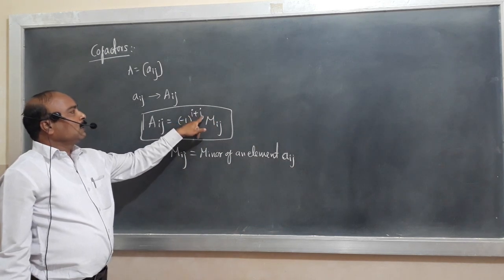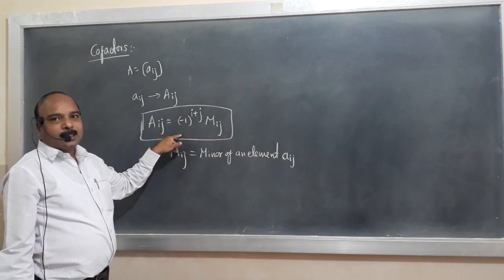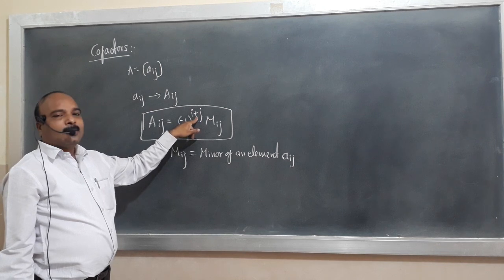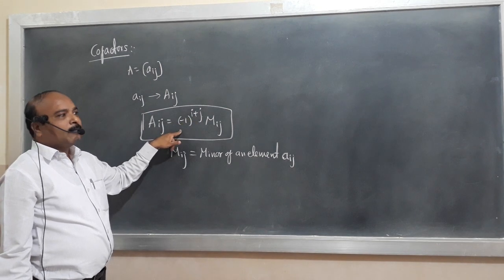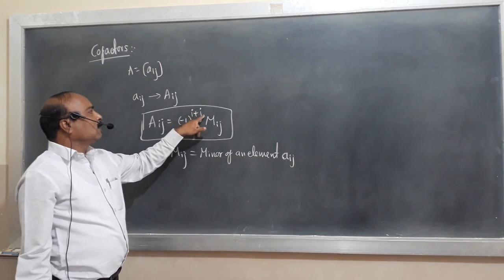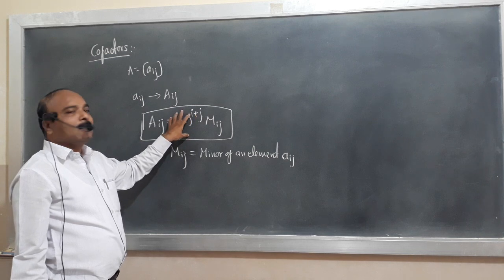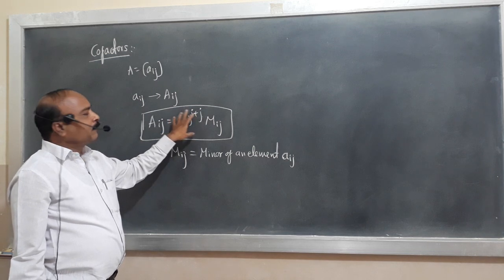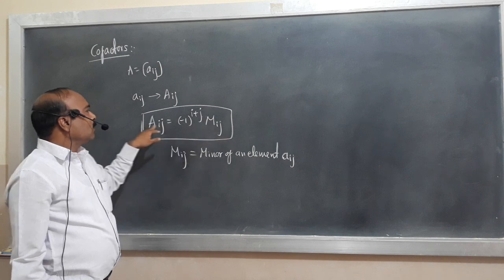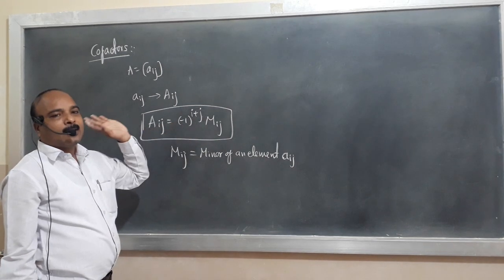If the power is even, we get the positive sign. If the power is odd, we get the minus sign. Just by observing the i and j values, we can directly write the sign. If we change the sign of this minor, we get the cofactors according to this formula.